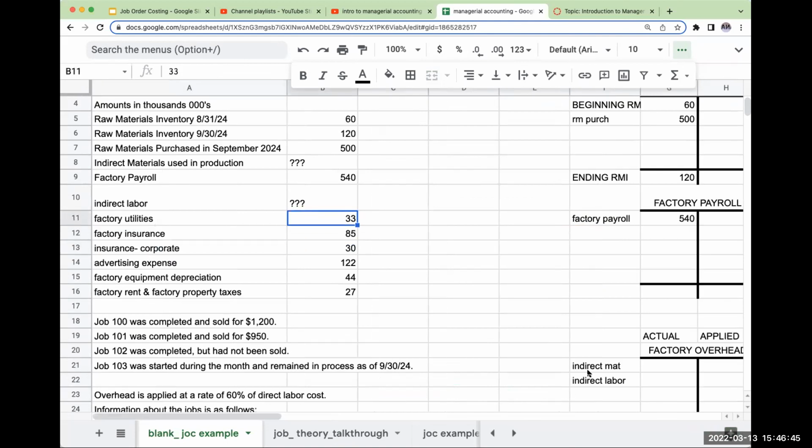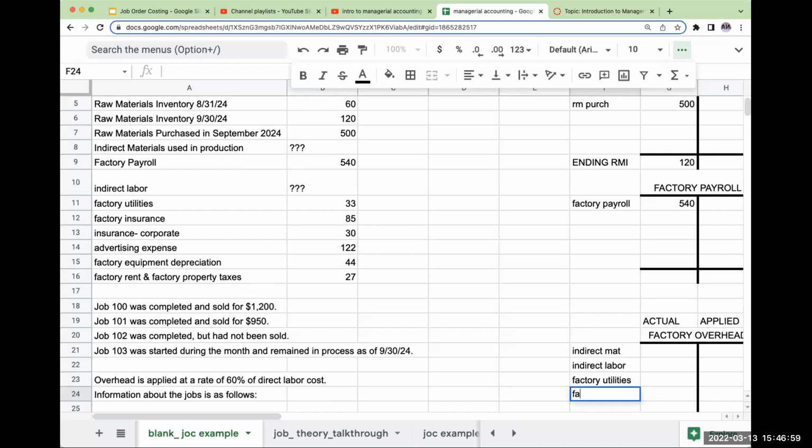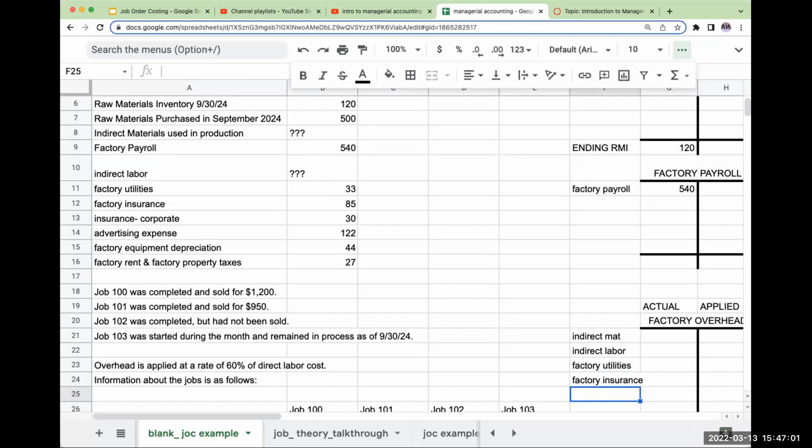So factory utilities, has the word factory in it. Where do we put it? In our factory overhead, we're going to put actual on the left and applied on the right. So over here, we're going to have factory utilities, factory insurance, right?